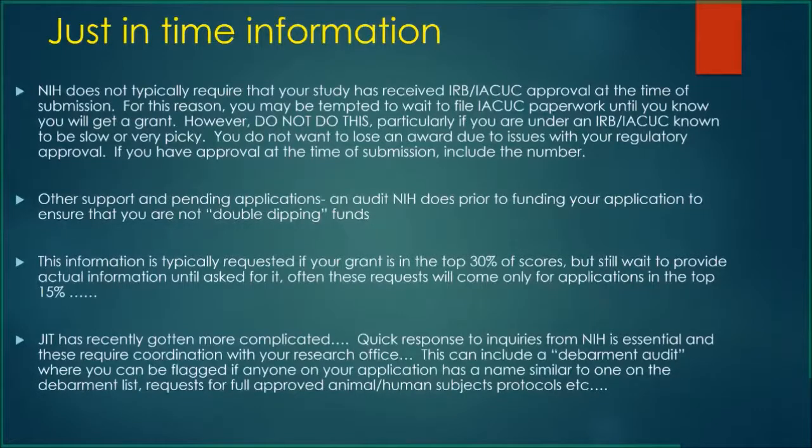Generally, you should wait to submit your just-in-time information until they specifically request it. That's because for federal R grants, only the top 15 or 20% of grants get funded, so while the button's there, it doesn't necessarily mean that your grant is going to get funded.